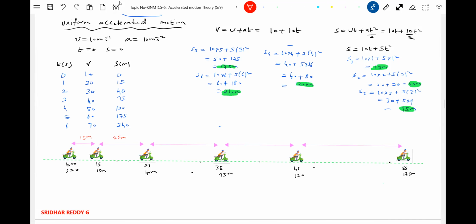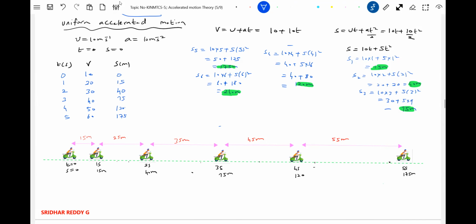Next again, between 2 and 3 seconds, it will cover 35, 45, 55 meters.